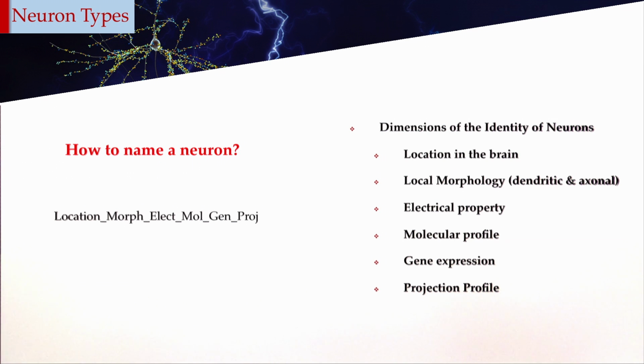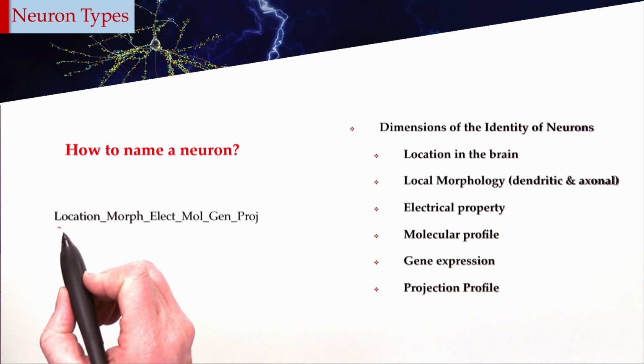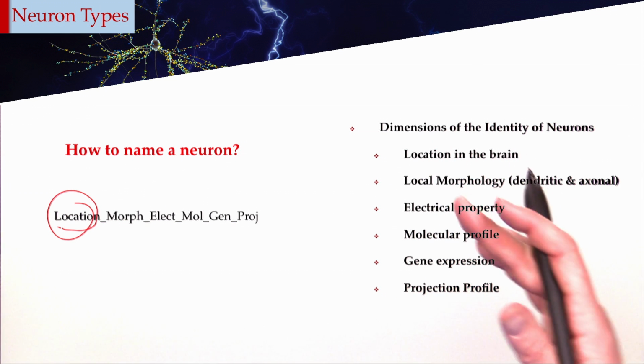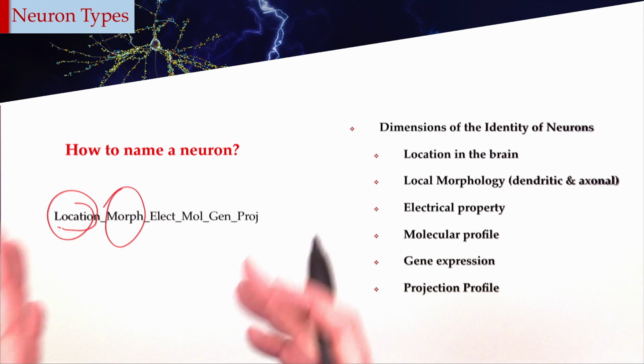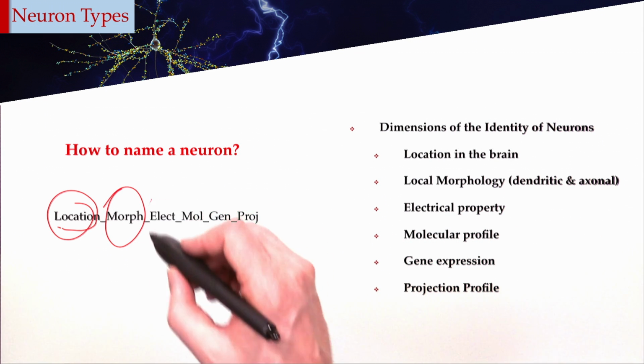But there are some important guidelines, and the guidelines that we use when naming a neuron is a bit like in chemistry. You start off by identifying the location of the neuron in the brain. It may be in the visual cortex, in the layer 2, so you'd call it visual cortex layer 2 cell. And then you identify the local morphology, so it may be in the visual cortex layer 2, Martinotti cell.